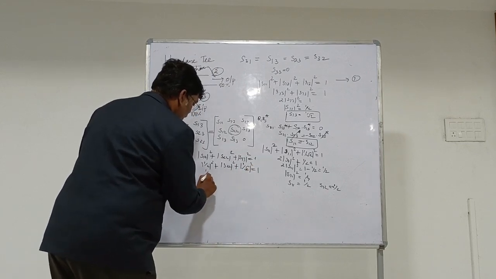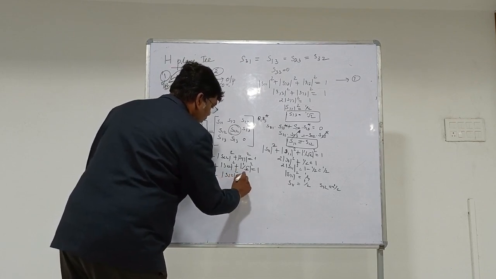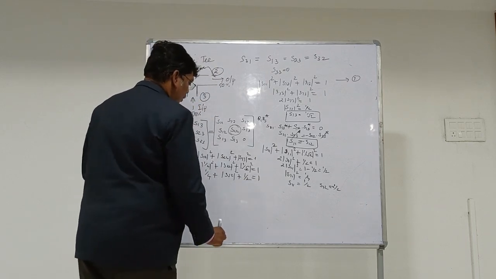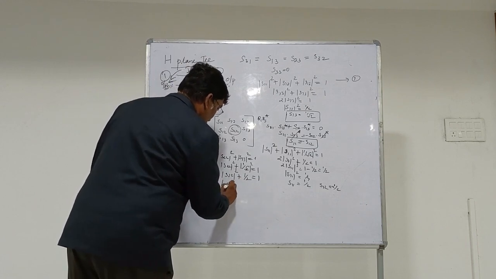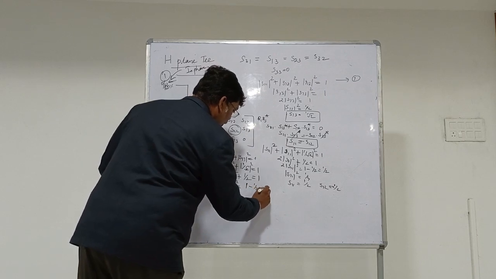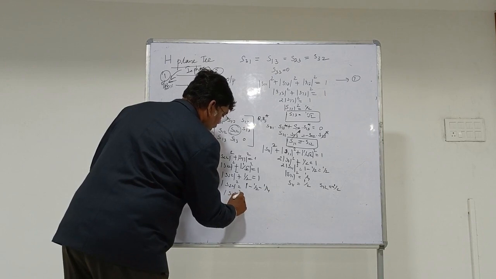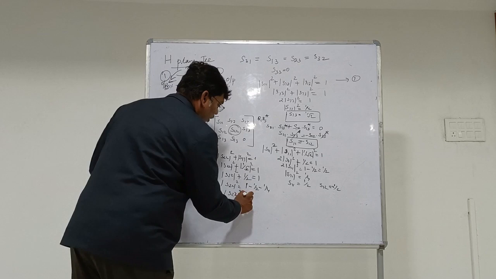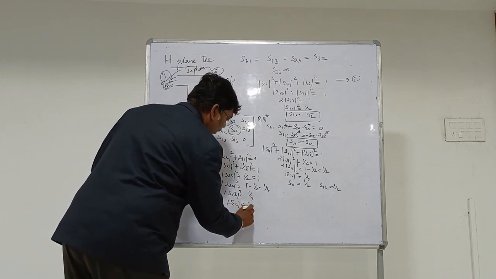So this is 1 by 4 plus modulus S22 squared plus 1 by 2 is equal to 1. So modulus S22 squared is equal to 1 minus 1 by 2 minus 1 by 4, which is 1 by 4. So S22 is equal to 1 by 2.